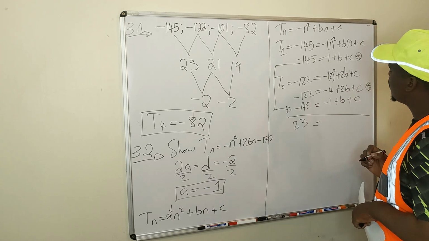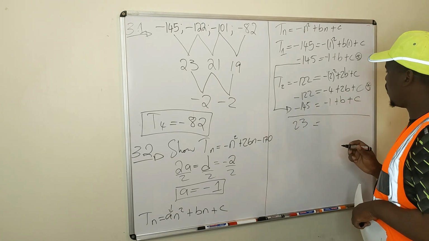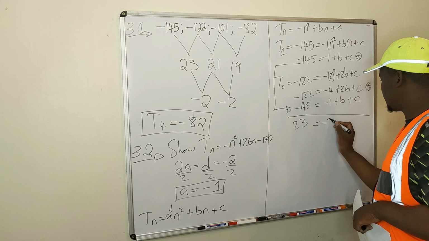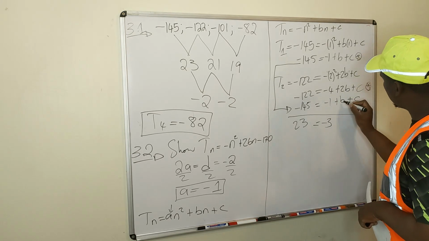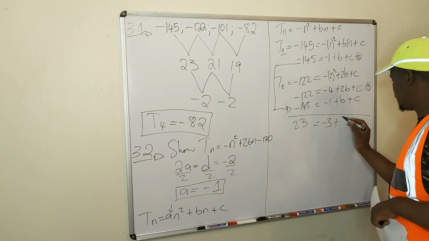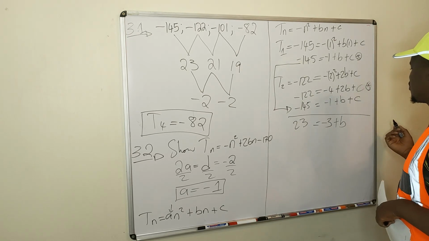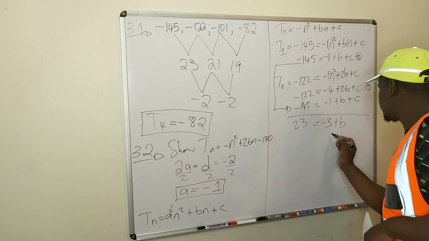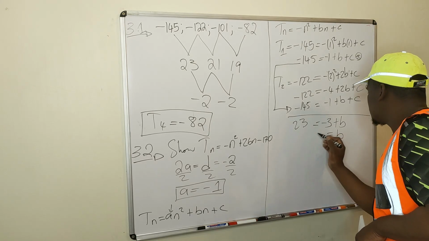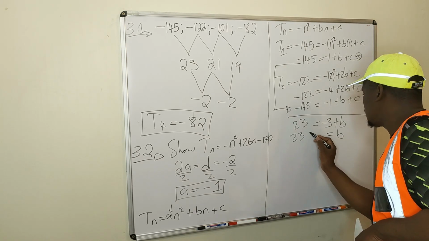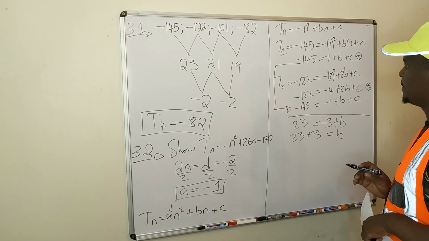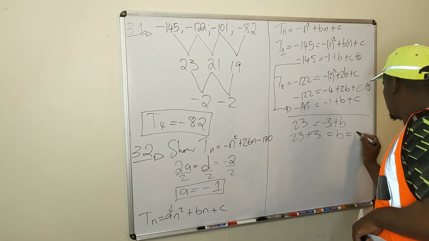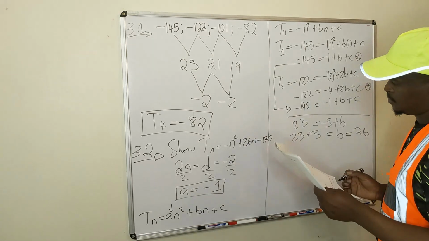Negative 4 minus negative 1, that's negative 3. 2b minus b, that's b. c minus c, that's 0. Then you solve for b. You find that b is equal to 23 plus 3. So your b is equal to 26.